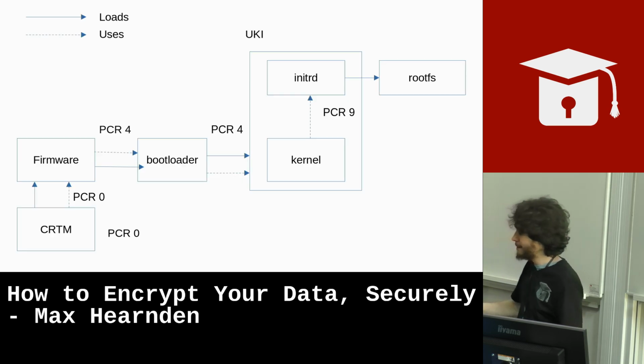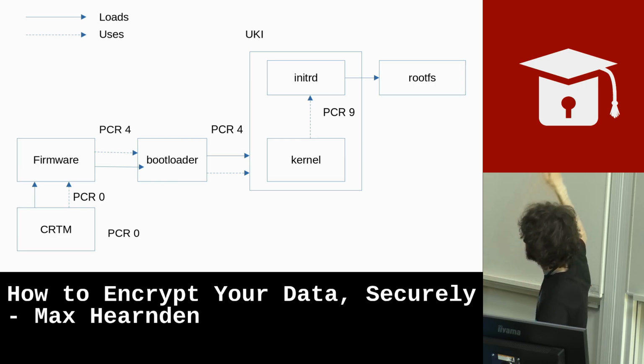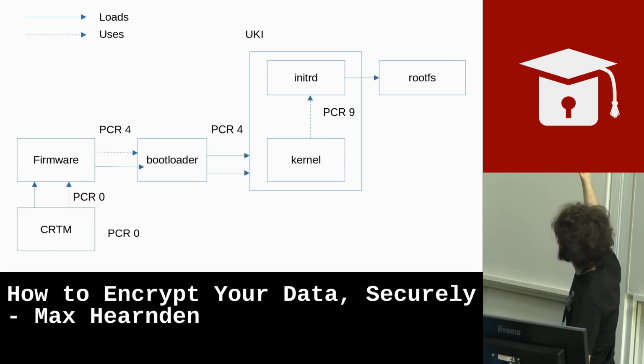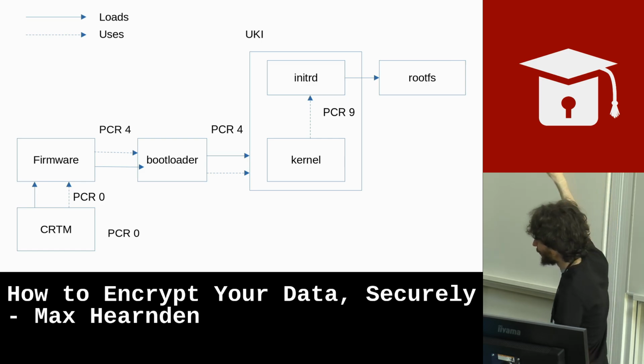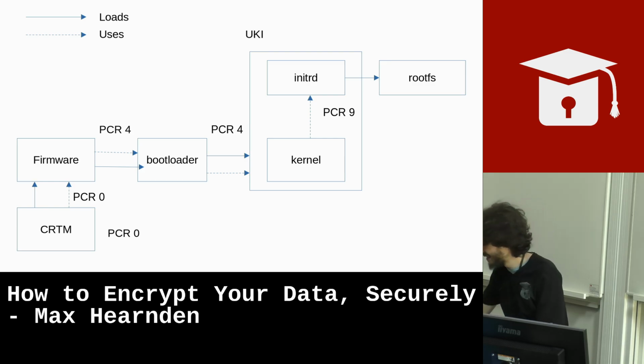and if we add those indexes into our diagram from earlier, you'll see that the firmware and the core root of trust for measurement are measured into PCR0, whilst the bootloader and unified kernel image are measured into PCR4, and the rootfs is unmeasured. There are some ways to measure the rootfs, but that's not quite what we're going into now.